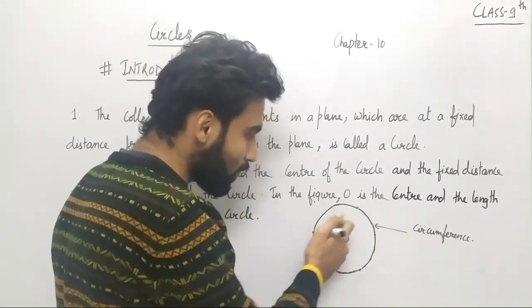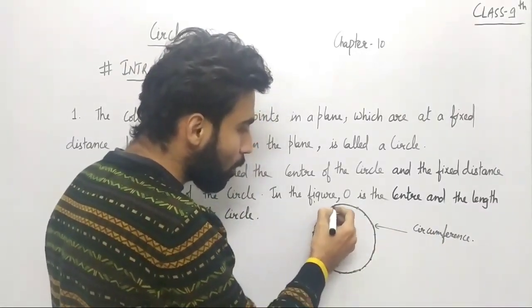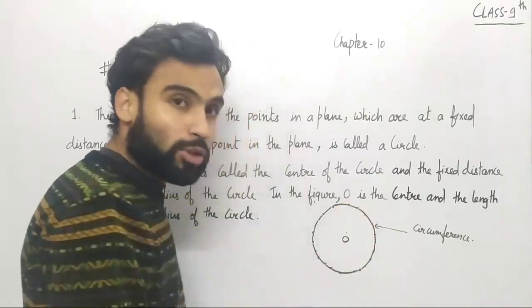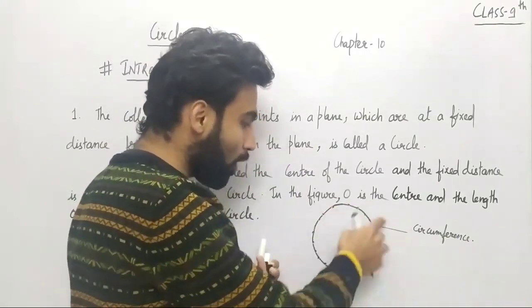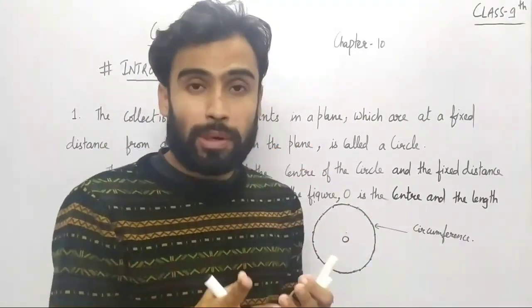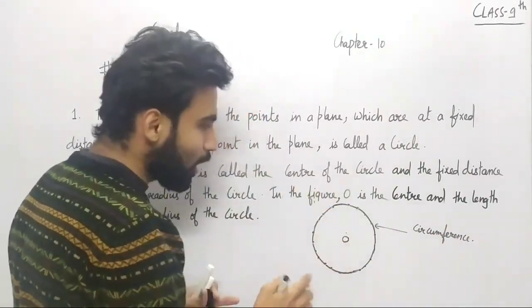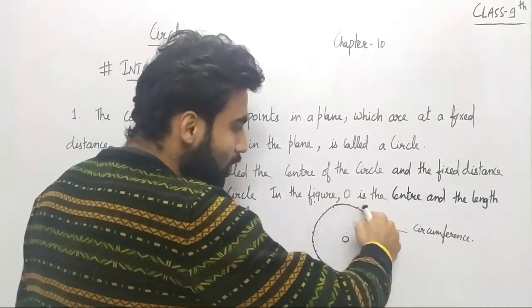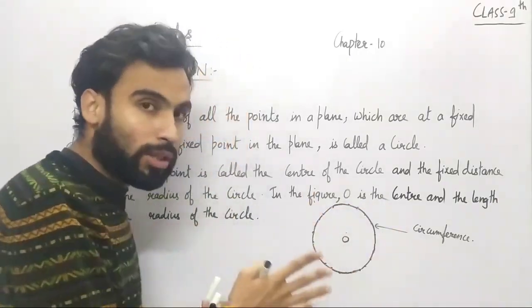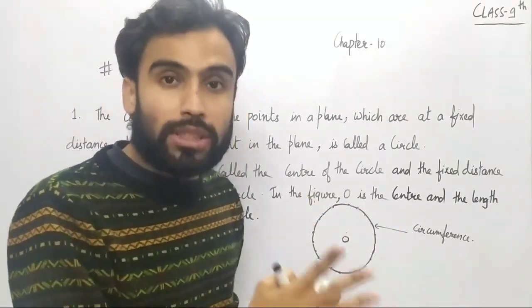So on the circumference there are infinite number of points. Let me assume that there are unlimited, infinite number of points on this circumference, right? This is the circumference where all the infinite number of points are lying.